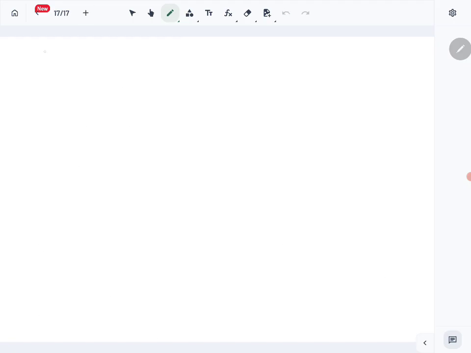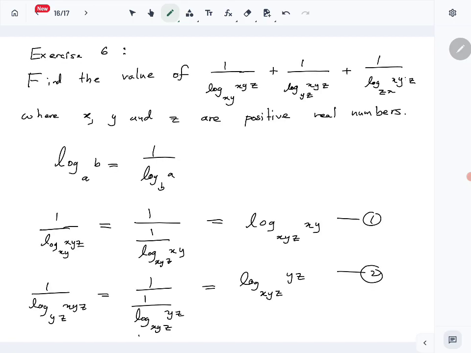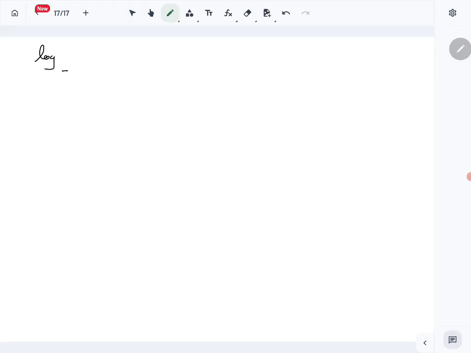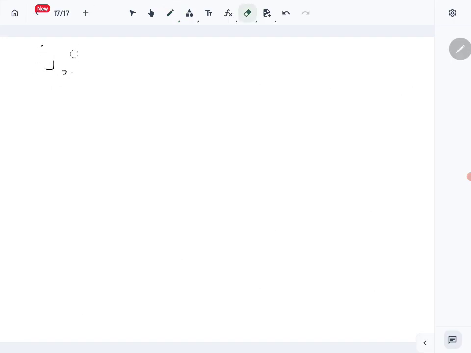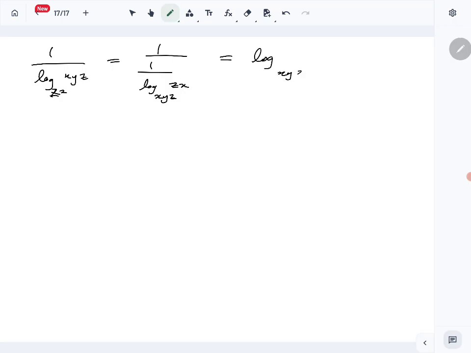Then the third one, 1 over log zx of xyz. So again use the change of base. Then this just turns into log xyz of zx.